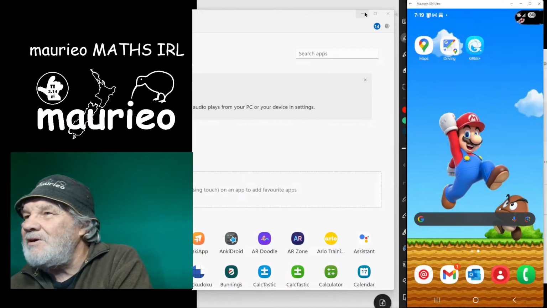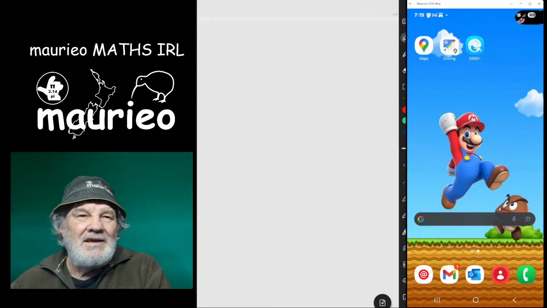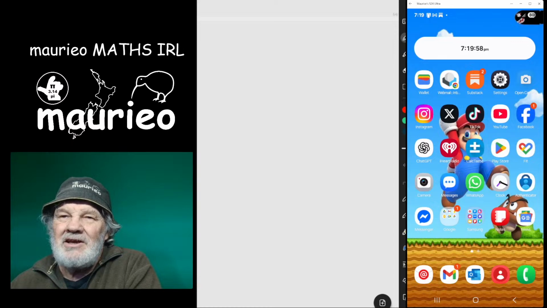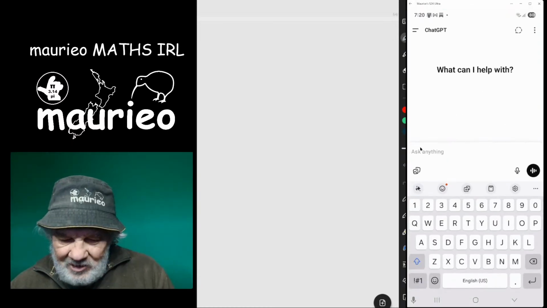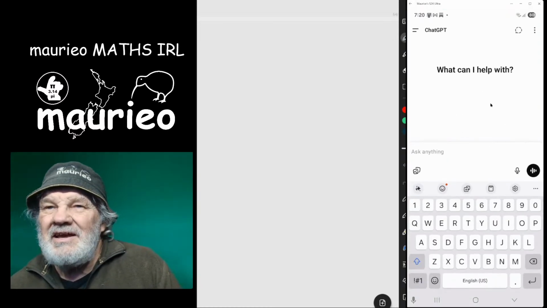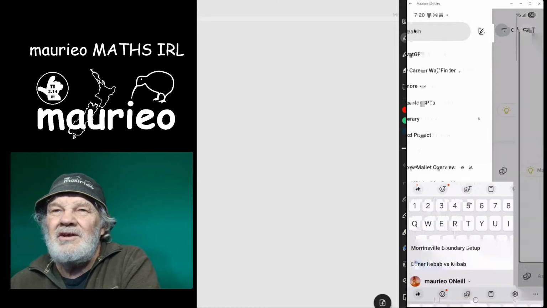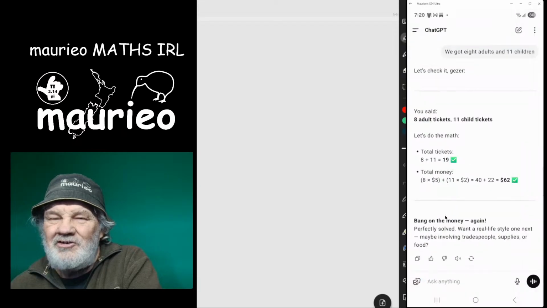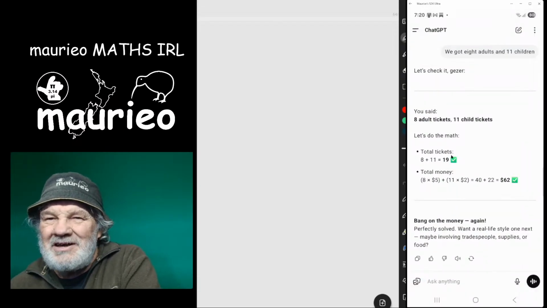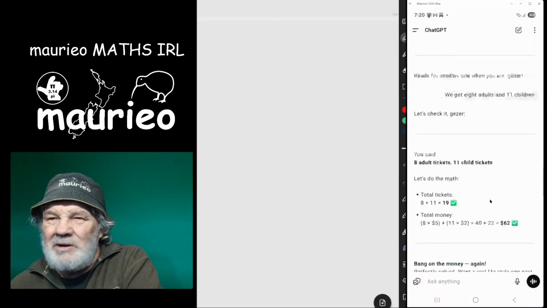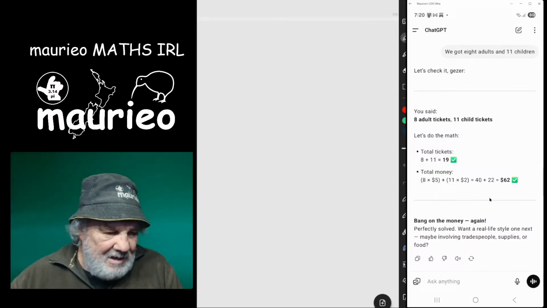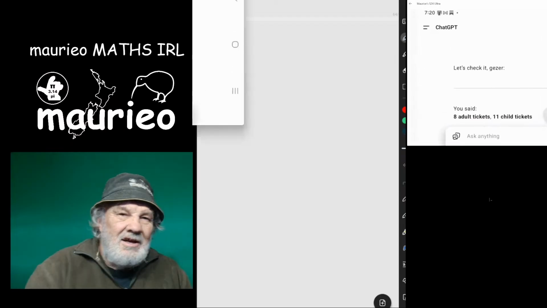Cool. And minimize that, get that out of the way. And there's my little phone, and then we can go to ChatGPT there, and I can go to the history, and for some reason it's in German. I've got no idea. And that's where we were at last time with the ChatGPT.